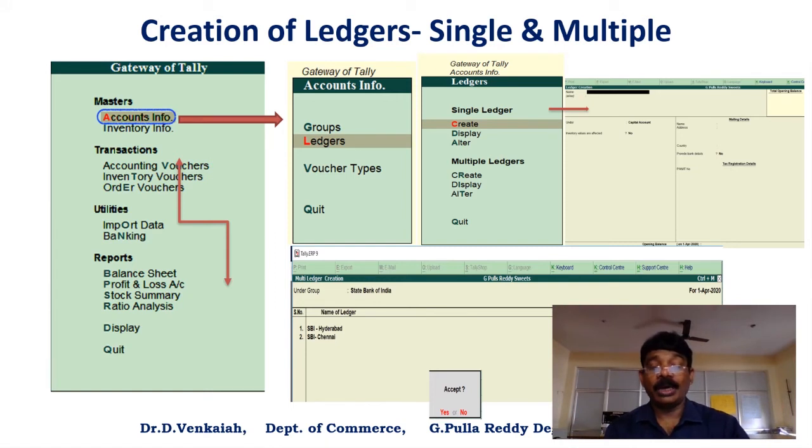In the earlier example, my ledgers were State Bank of India, Hyderabad account and State Bank of India, Chennai account. So I took a group State Bank of India, and in that I created two ledgers at a time, State Bank of Hyderabad and Chennai.